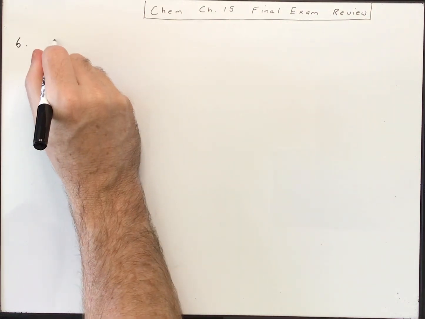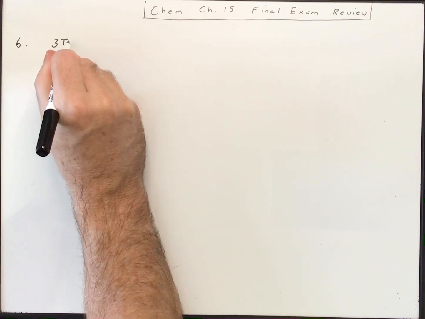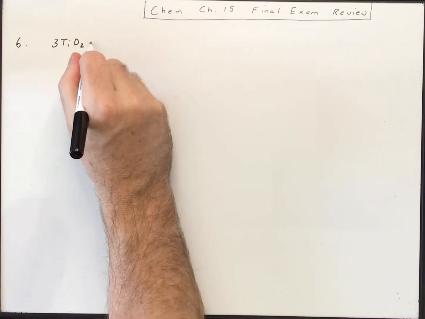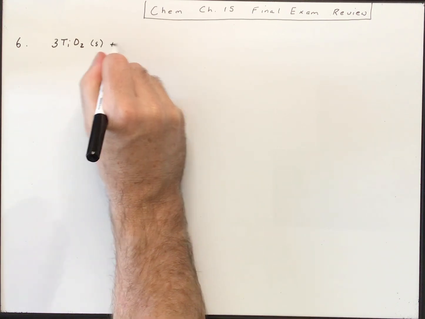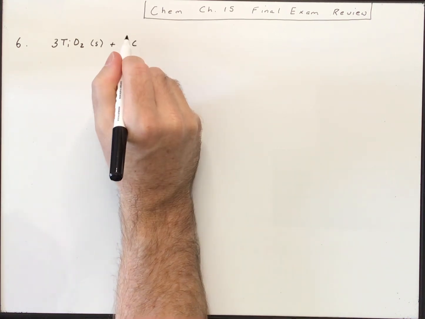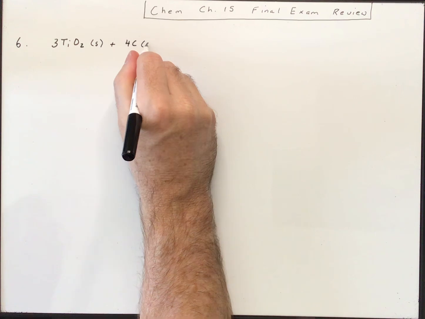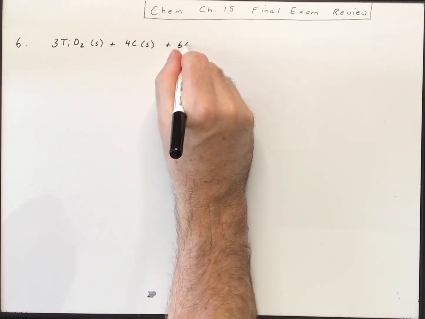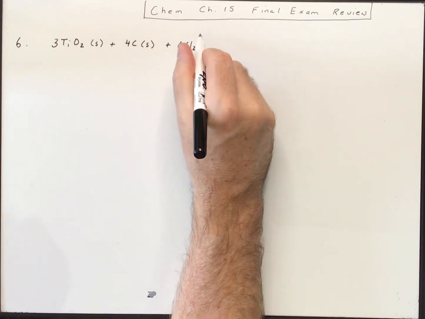Okay, our reaction number 6 is 3TiO2, that is a solid, plus 4C, solid, plus 6Cl2, which is going to be a gas.